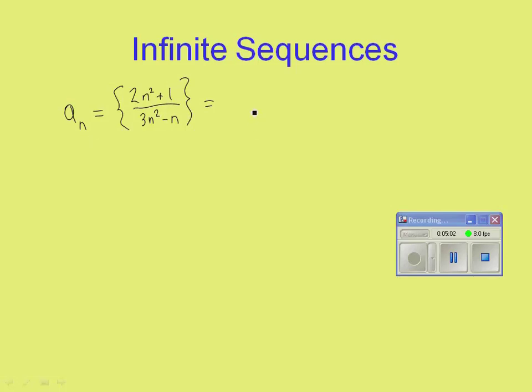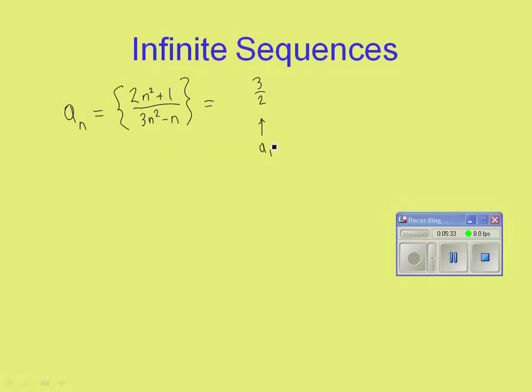And so the very first thing I would get, if I put a 1 in for the n, I'll write here a sub 1, which is what I get if I put a 1 in for the n. So what would that be? 3 halves, right? Because you get 2 plus 1 is 3, and 3 minus 1 is 2, you get 3 halves. You guys follow that?